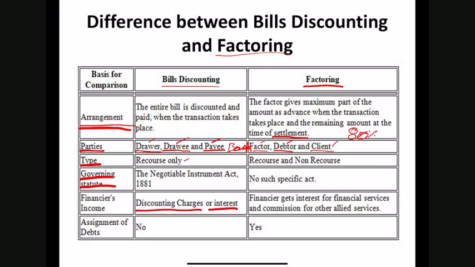In case of factoring, financiers get interest for financial services and commission for other allied services, because factoring doesn't mean only discounting the bill, purchasing the bill, and collecting the amount from the debtor and handing it over to me.